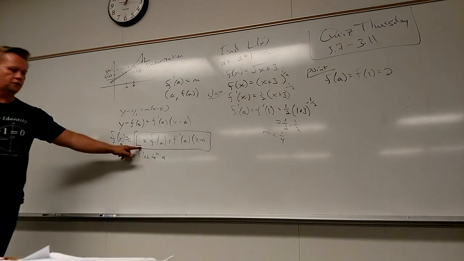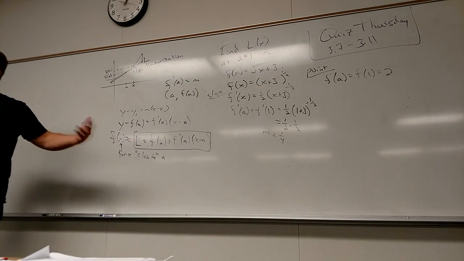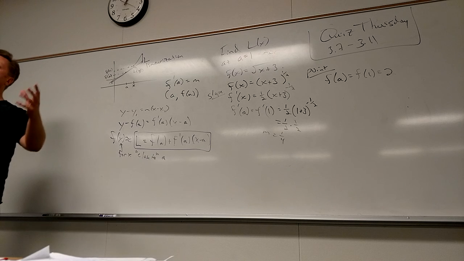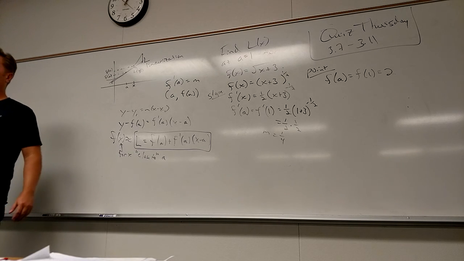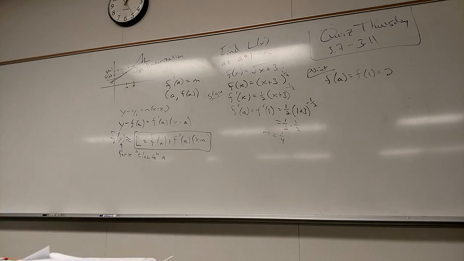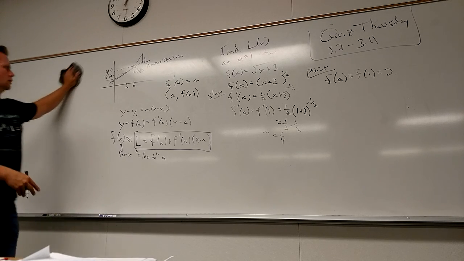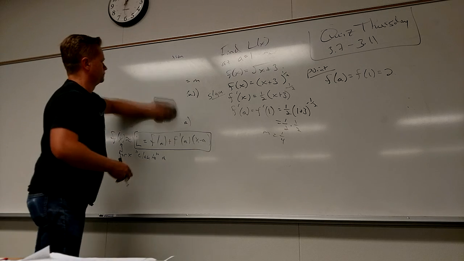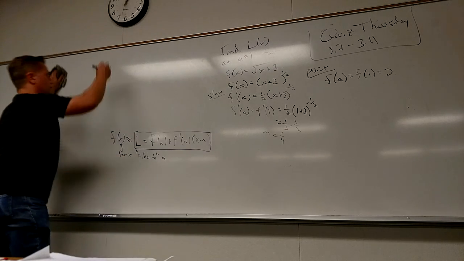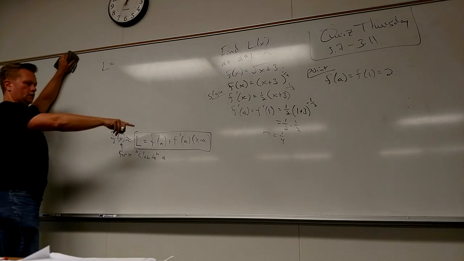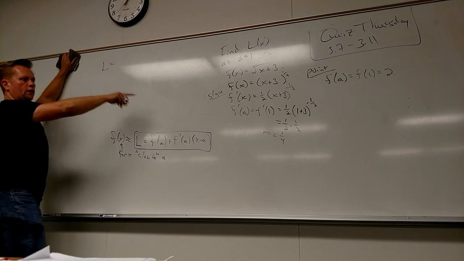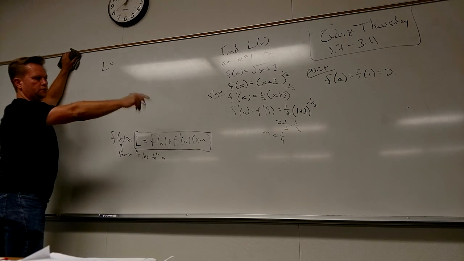All right, so now we're able to figure out the tangent line, which is also called the linearization of the function. It says piece this thing together, the linearization of that function at 1. I've got my slope, 1/4.